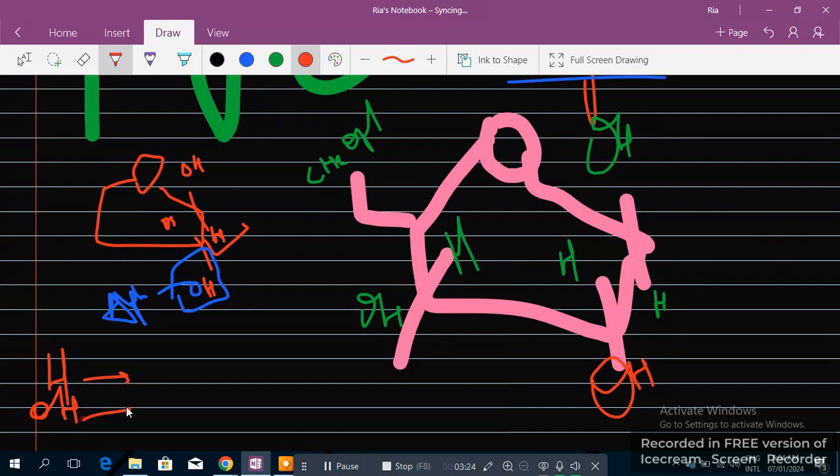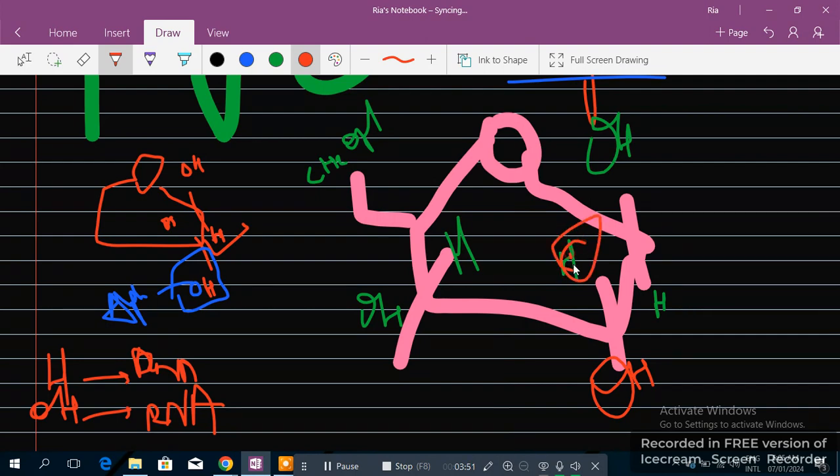When only H is present, that means that is forming DNA, because DNA means deoxy, D means removal. When O is not present, this is DNA, and when OH is present, this is RNA. This means here is the removal of O. So here you see only H, and here only OH, here is H on the second carbon.